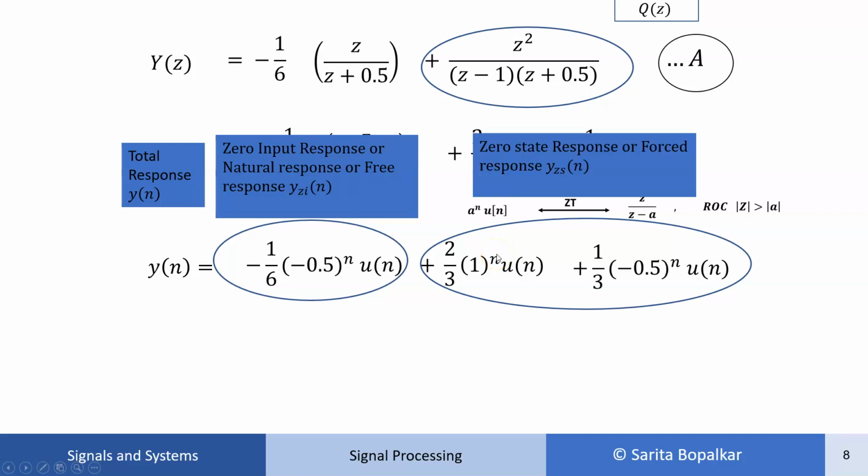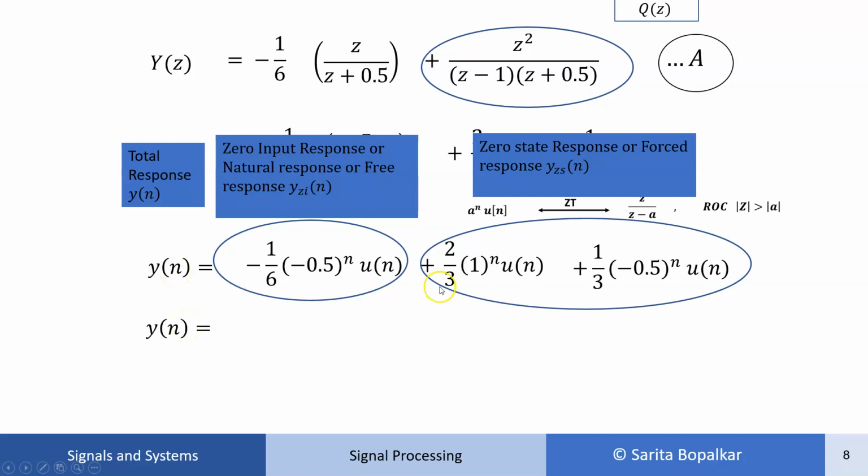Similarly, this response is because of the x(n) input. At that time, we are not considering initial conditions. That's why it is called the zero state response or forced response. And the total response is the combination of these two, that is, output because of initial conditions and output because of the input signal. So this combination is nothing but the total response of the discrete time LTI system.